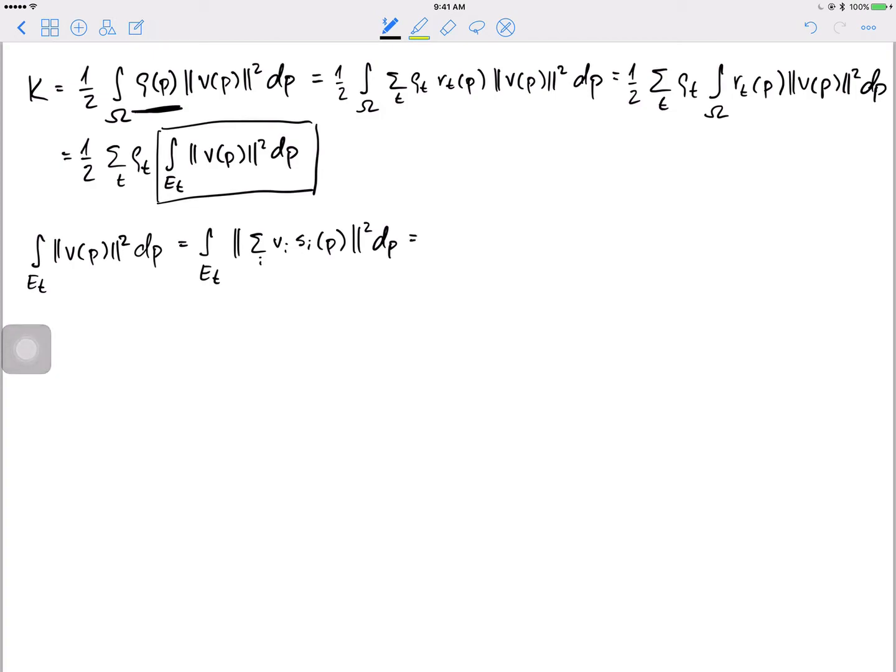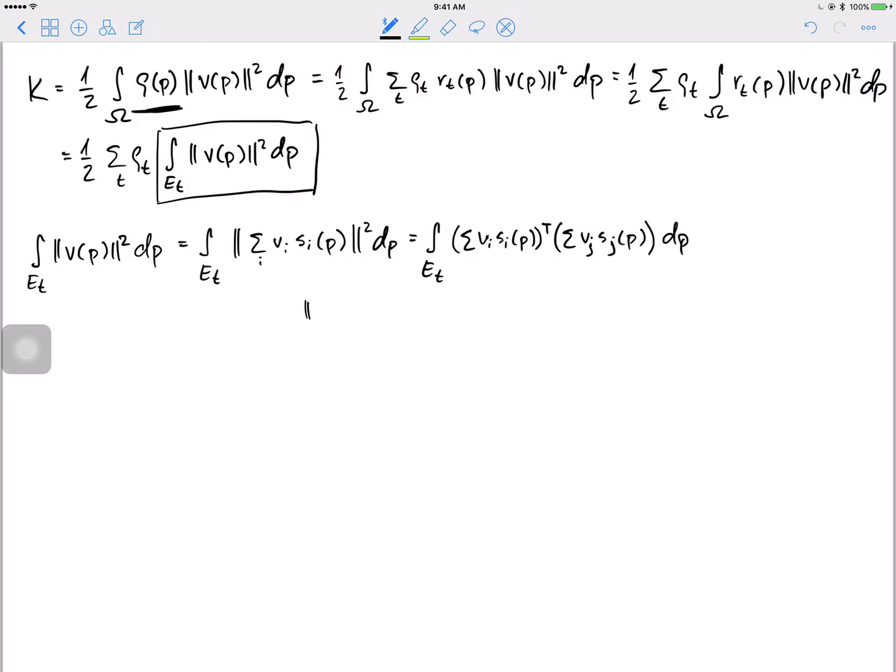Okay, so now let me massage this a little bit. This of course is nothing but the sum of Vi Si p transpose, times the sum of Vi Si. You know what, let me give this a different index so it doesn't get confusing.